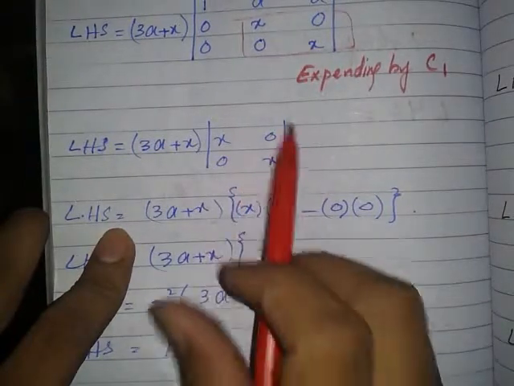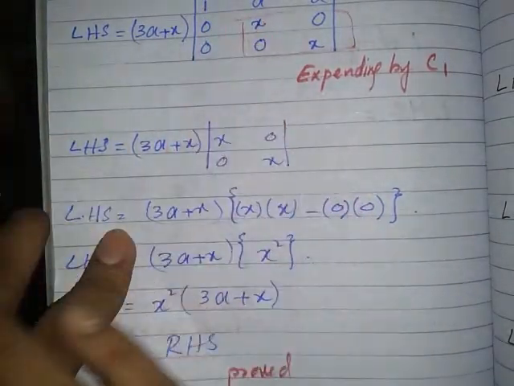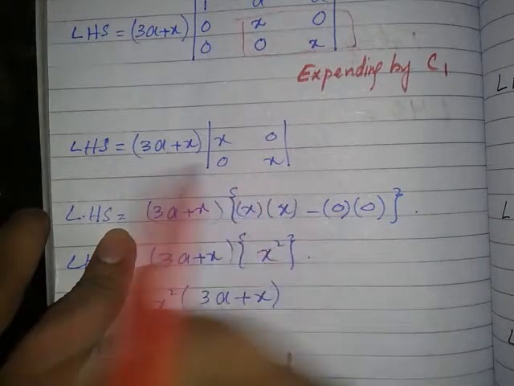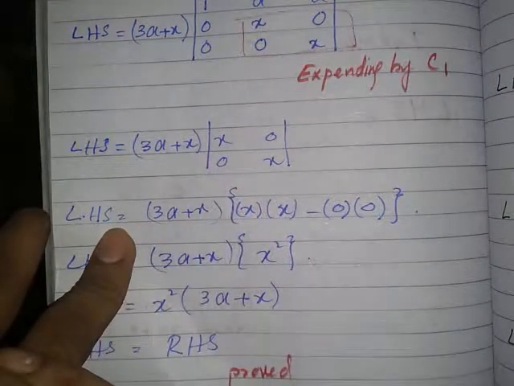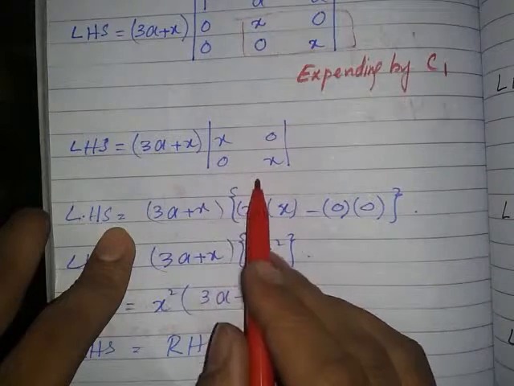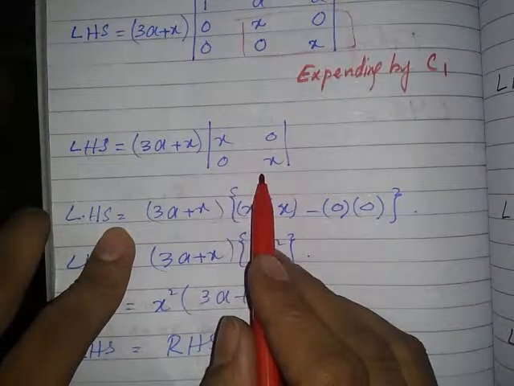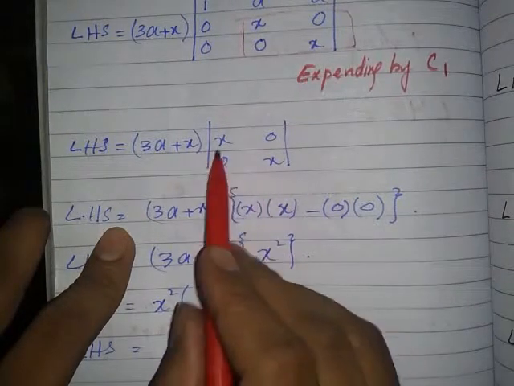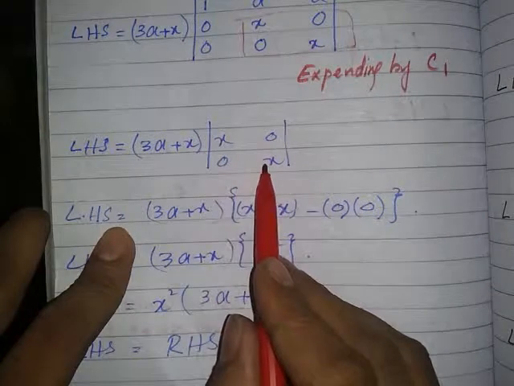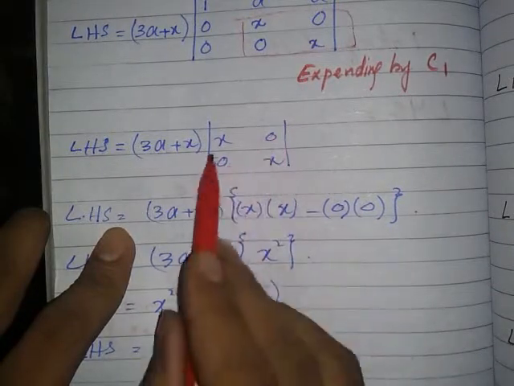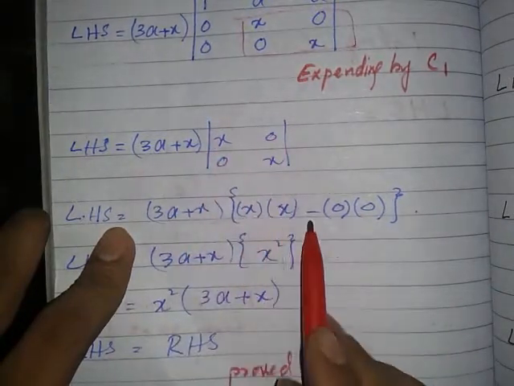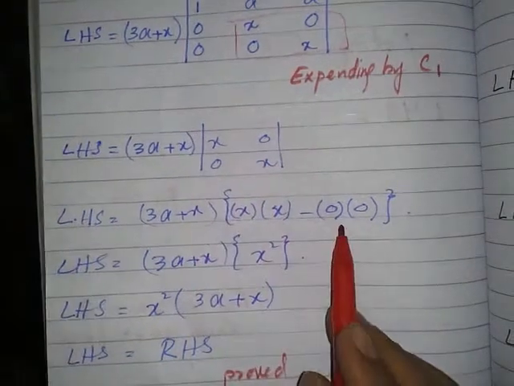We have reduced this 3 by 3 determinant into a 2 by 2 determinant, and this 2 by 2 determinant can be opened by using AD minus BC. So AD product x times x minus BC product 0 times 0.